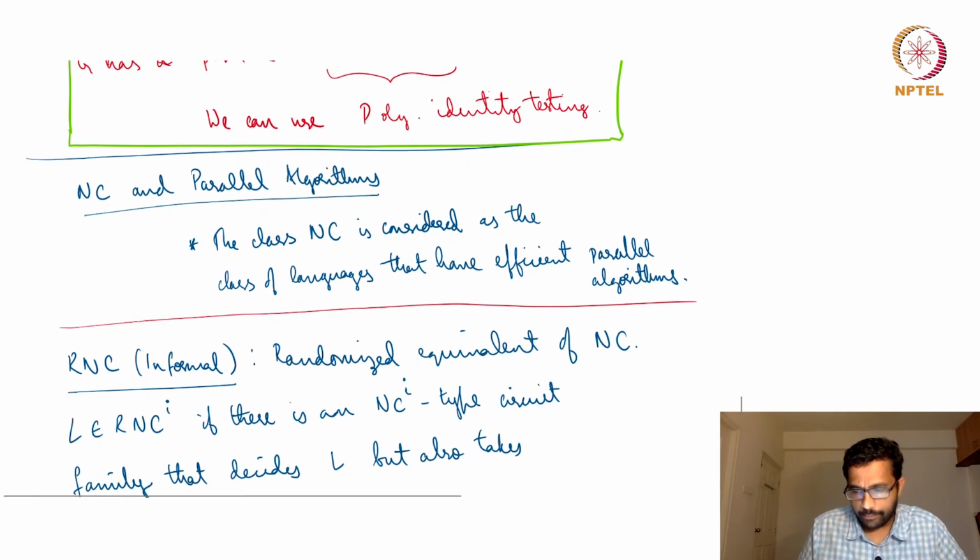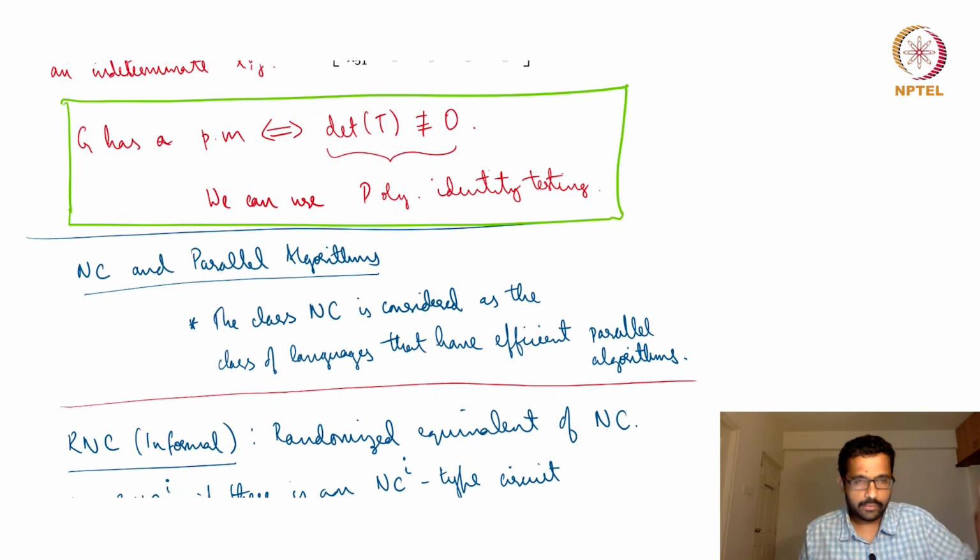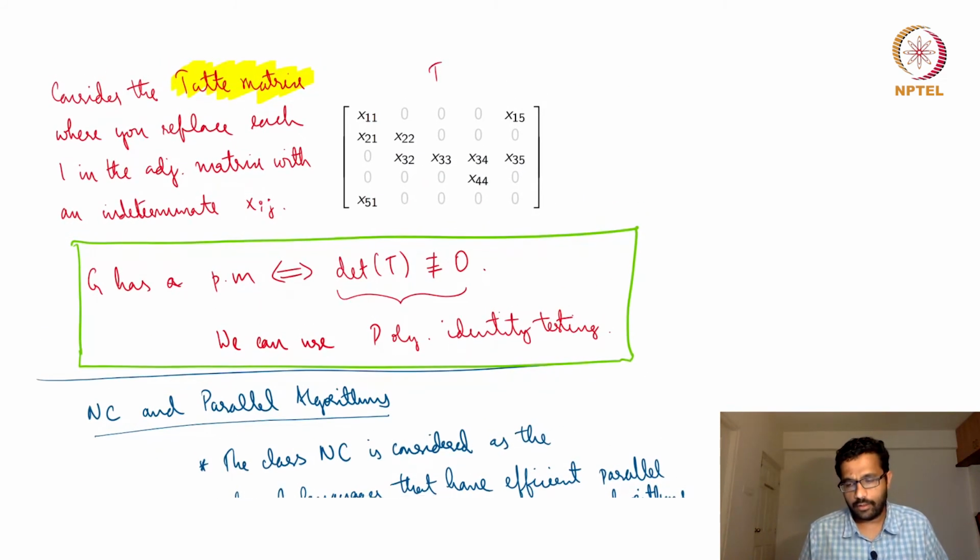So here the point I want to make is that the question of whether the graph has a perfect matching is reduced to computing the determinant of a certain matrix, the Tutte matrix. And what is the algorithm that we use to compute the determinant?